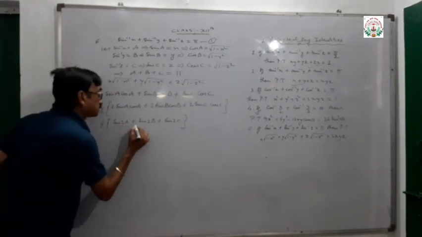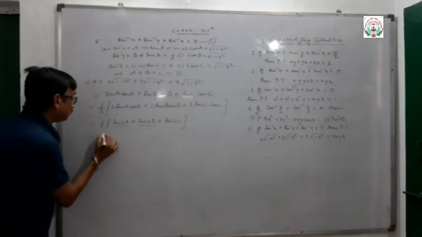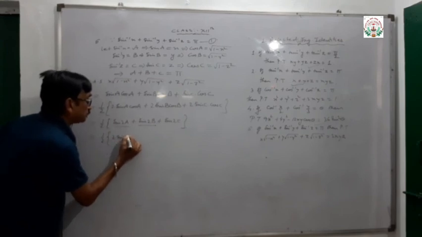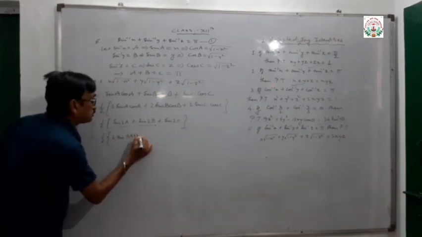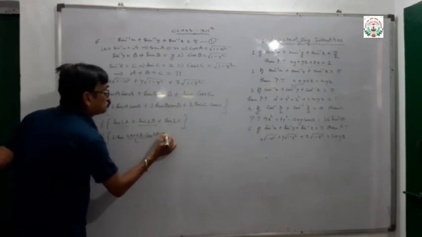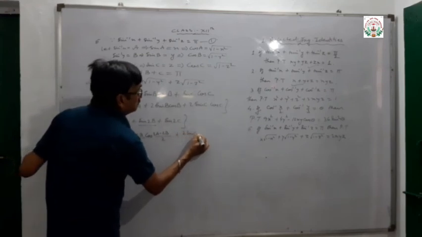Now sin x plus sin y, in class 11 we have studied the formula 2 sin (x plus y) by 2 cos (x minus y) by 2, so we get 2 sin (2A plus 2B) by 2 cos (2A minus 2B) by 2 plus 2 sin C cos C.